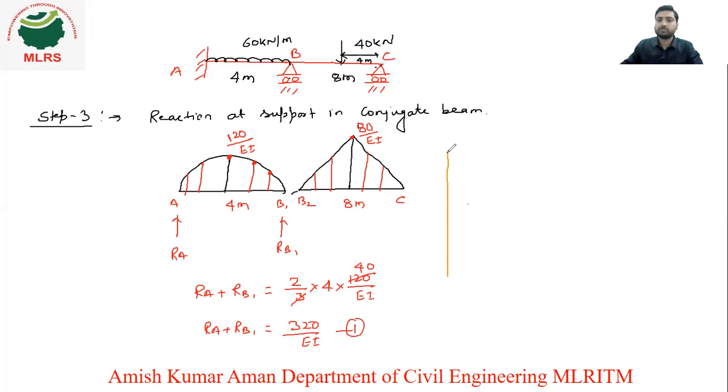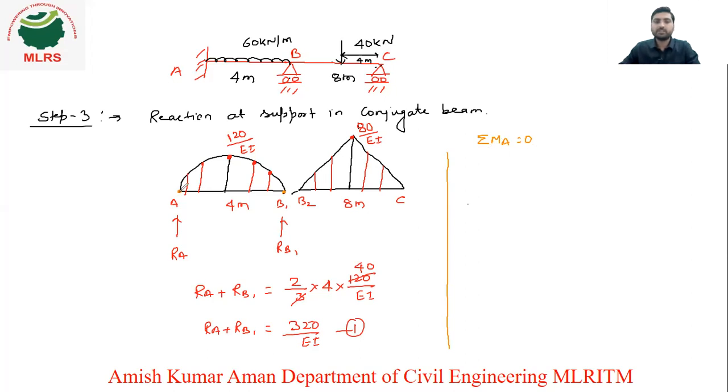Now use summation of moments at A equal to 0, or at B1 equal to 0, it's your wish. I am taking summation of moments at A equal to 0, because we need two equations to get the two unknowns, Ra and Rb1. The first equation is this, and the second equation is summation of moments at A equal to 0.